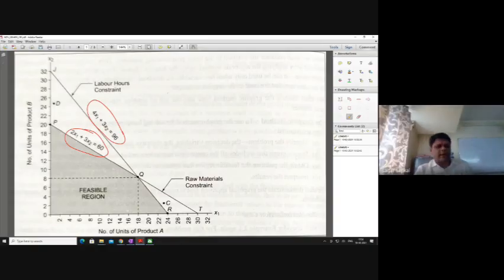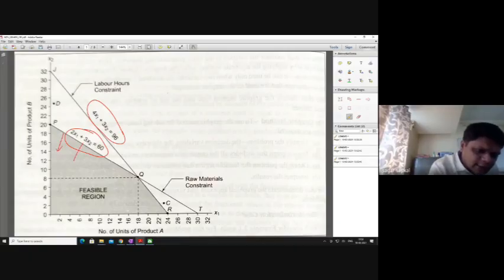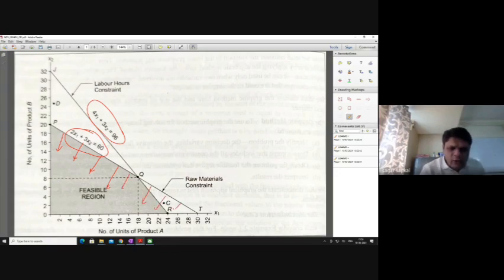Less than or equal to. So this constraint is less than or equal to 60. Means it must be either equal to 60 or less than that. So any point you take below this line, in this direction towards 0, will go towards 60 or less than 60.